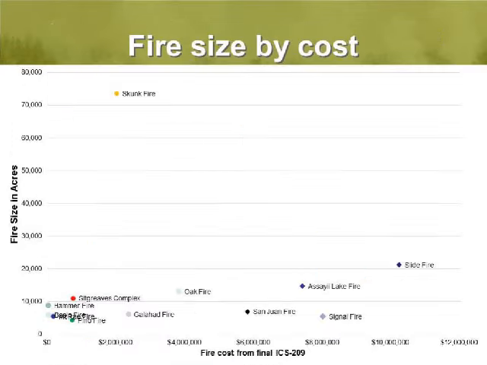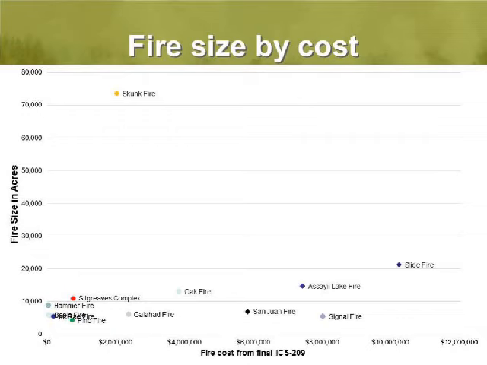Now, the last set of information I wanted to show relates to cost, and we pulled the cost from the ICS 209 files that are submitted with fires. In general, we see some connection that as fires get larger, they cost more, although that correlation is fairly loose.